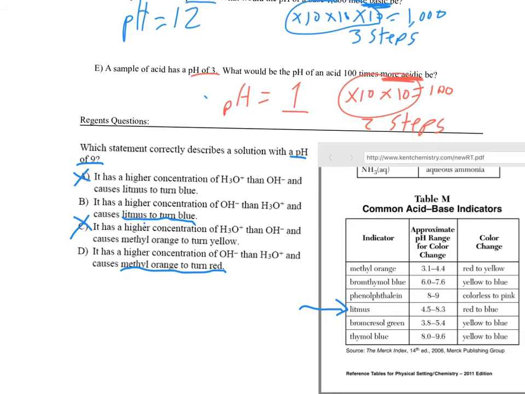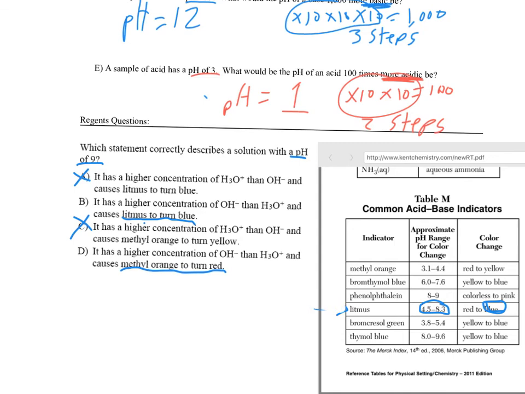As a quick review, that means if the pH is lower than 4.5, litmus will stay red. If the pH is higher than 8.3, the litmus will change to blue. Somewhere between 4.5 and 8.3, there will be a color change. But we have a pH of 9, which is higher than this range, so it should definitely be the color blue.